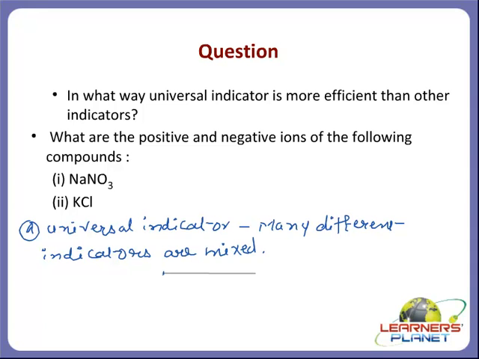Say it is showing red at pH 1, green at pH 7, and blue or violet at pH 10. So this strip has pH from 1 to 14, and at every pH the color of the indicator changes.